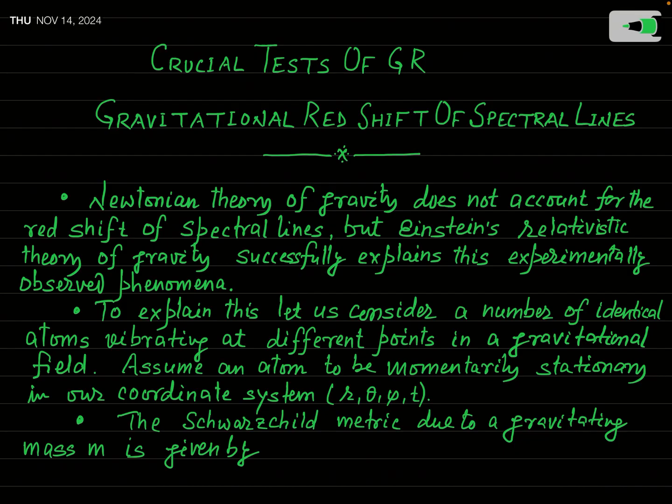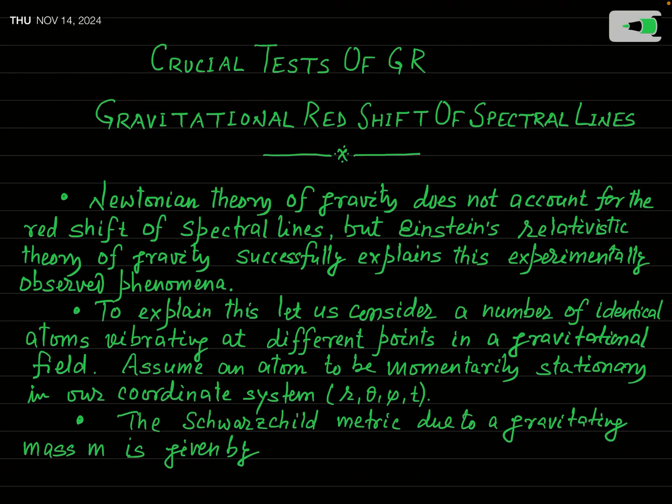In this regard, you have seen my two earlier lectures on the experimental tests of Einstein's theory of gravity. In those two lectures, we first discussed the advance of perihelions of the planets, and in the second lecture you saw a very important phenomenon, the bending of light rays in a gravitational field.